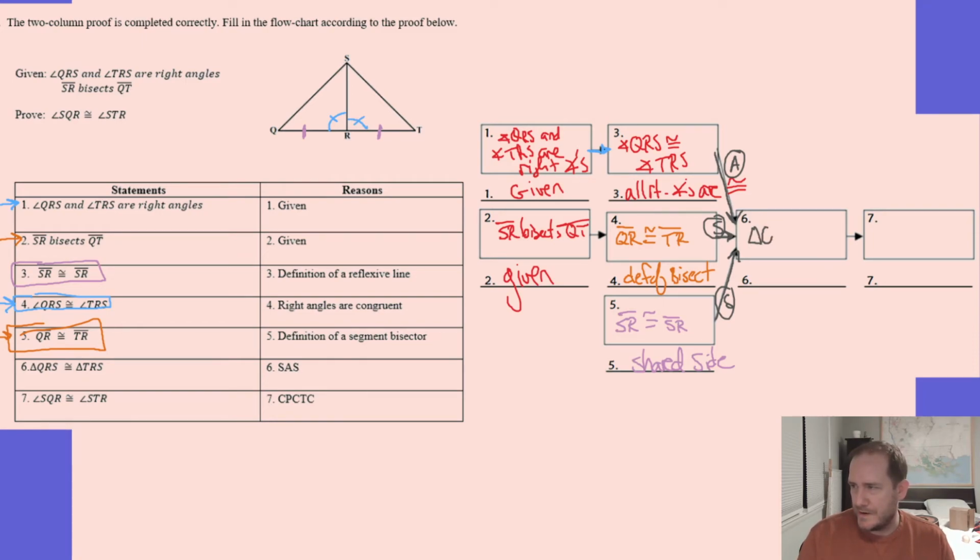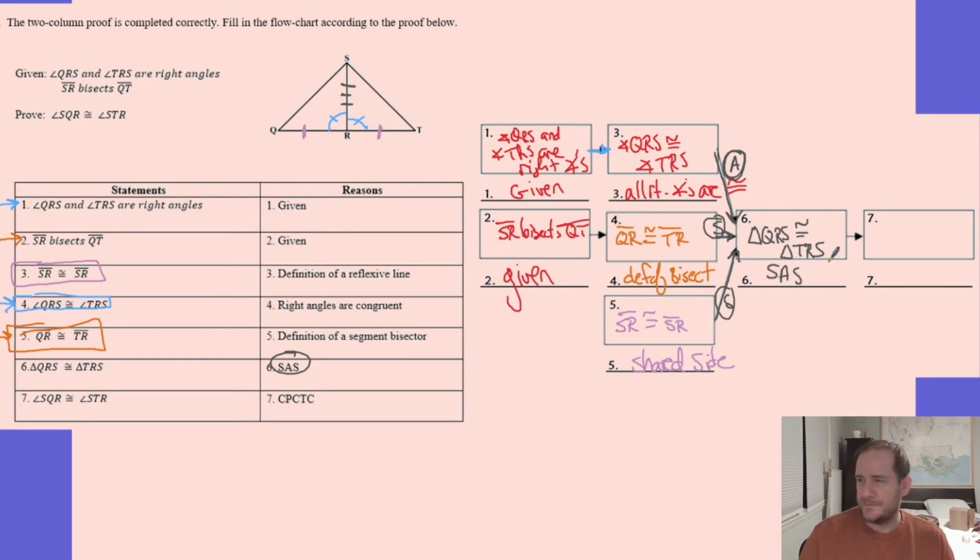It's going to be triangle QRS congruent to triangle TRS. And they gave you the reason. They said it's SAS, and that's true. Again, don't look at the order in the proof, otherwise your order would be ASS. That's not it. The order is how they fit together in the diagram, and I see a side, an angle, and a side.